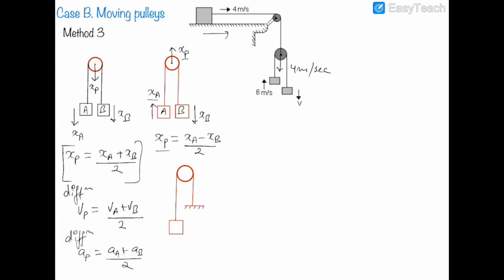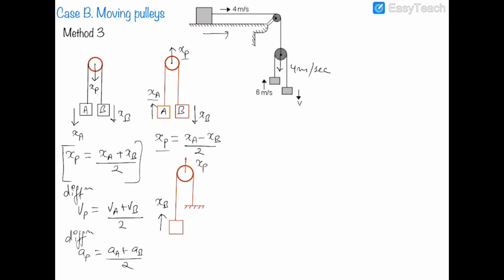Okay, now let's suppose this pulley is moving upward by a displacement of xp, and this block moves by a displacement of xb. B represents block, p represents pulley.